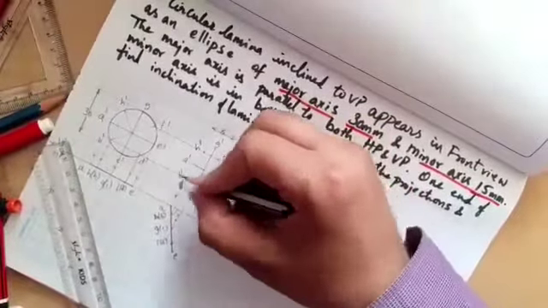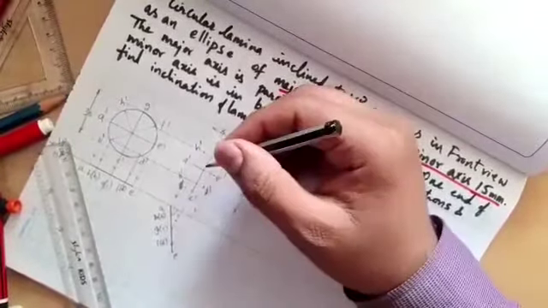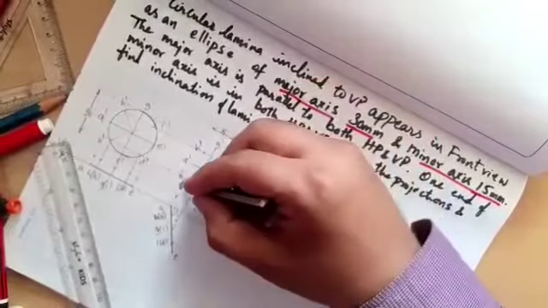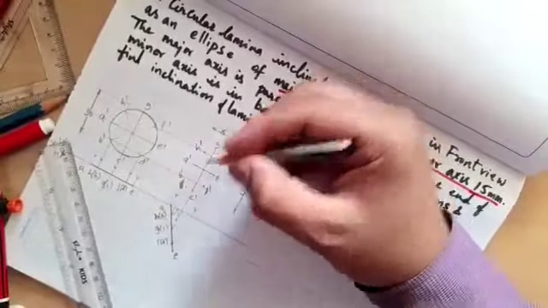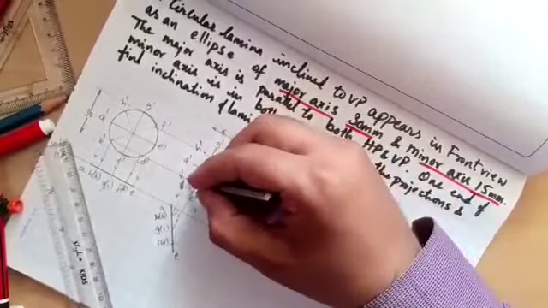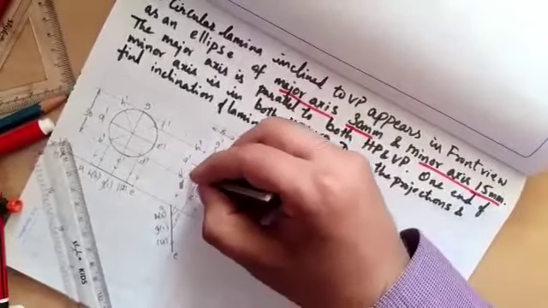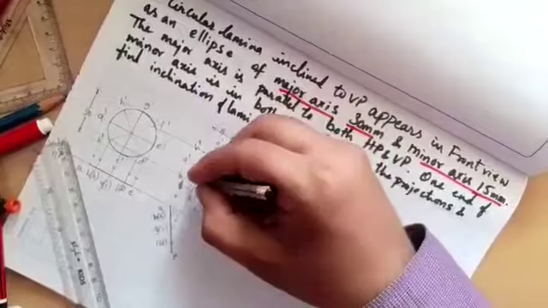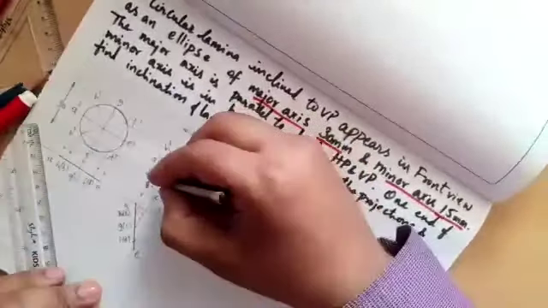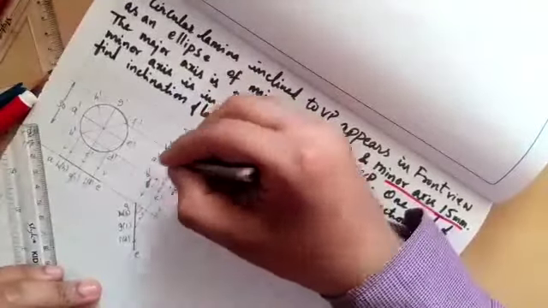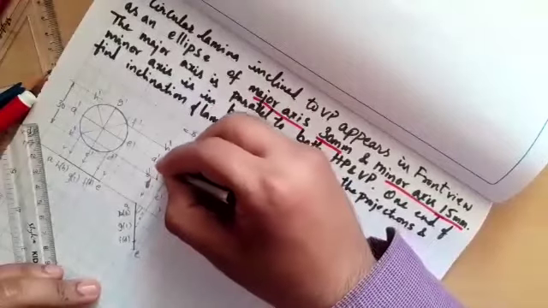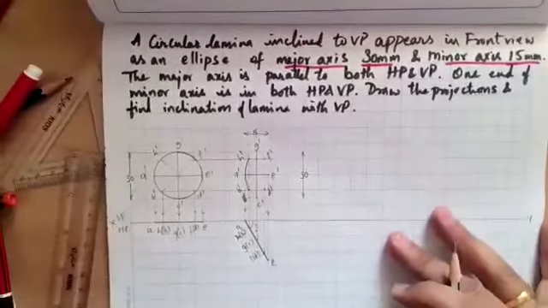So this arc is not there. So B location is here. B locus, B point, B dash. So B, A, and H, I am going to complete it first, an arc.